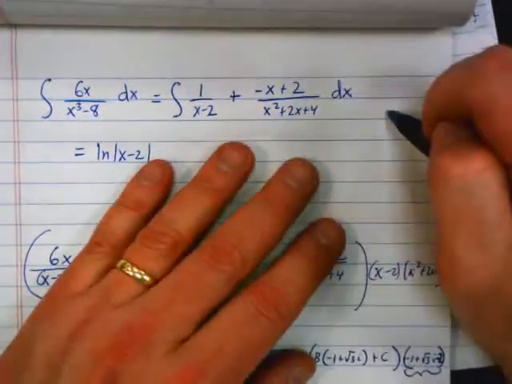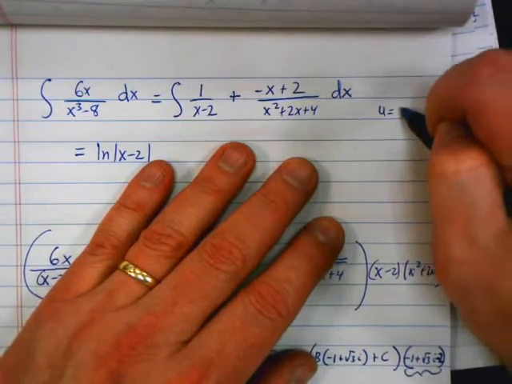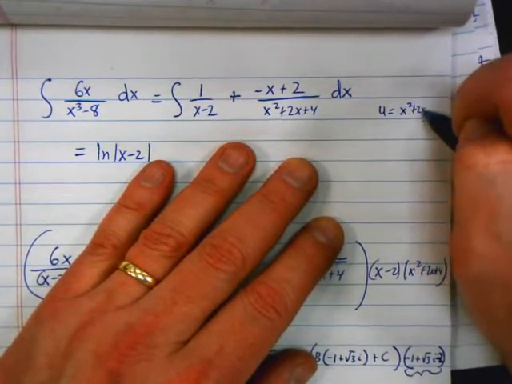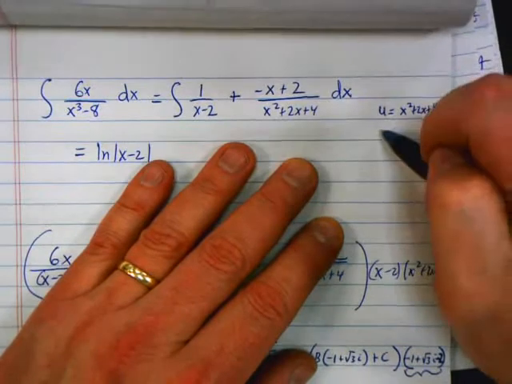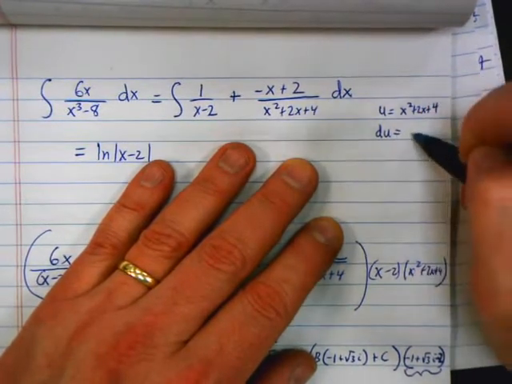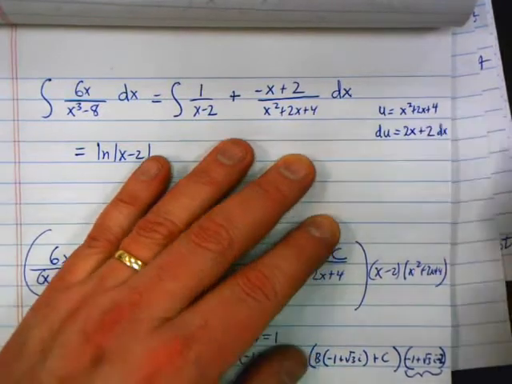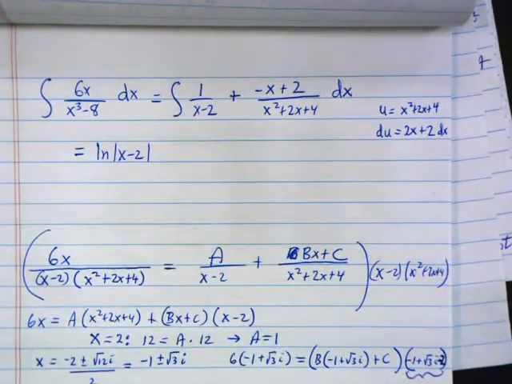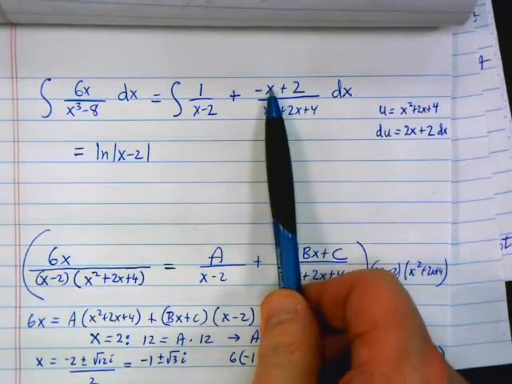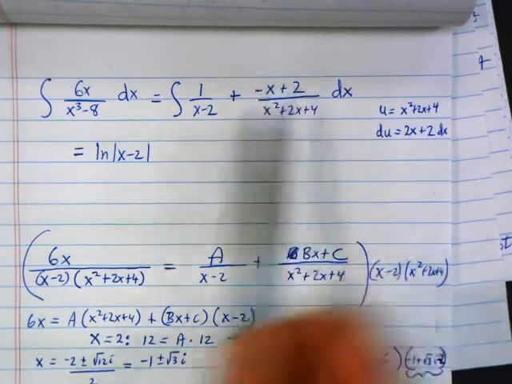I would love to use u sub. u is x squared plus 2x plus 4. So du is 2x plus 2 dx. I need a 2x plus 2 up there. I have a negative x plus 2.